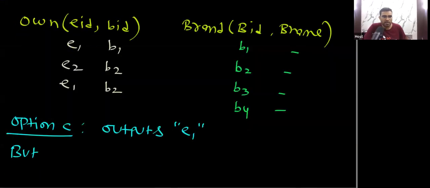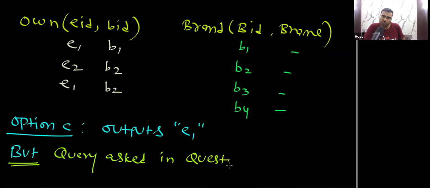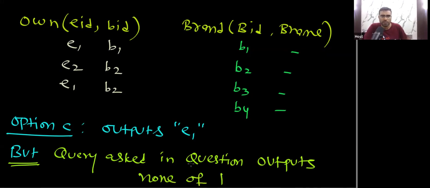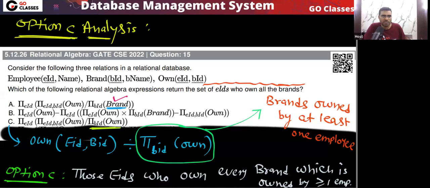So you can see that option C will give you E1, but the query asked in the question outputs none of them. Okay, so I hope you understood that option C is not correct. Option C is wrong. We have found it.